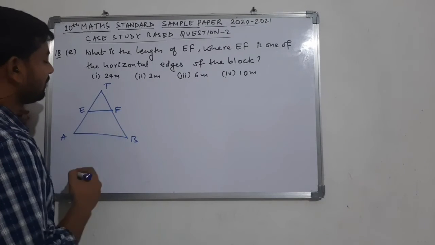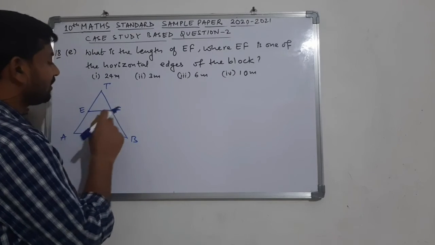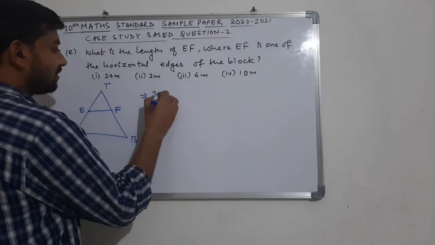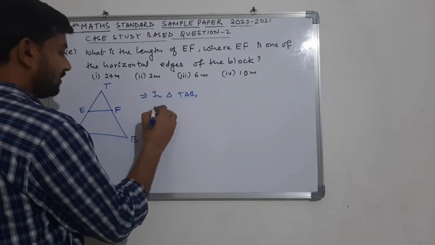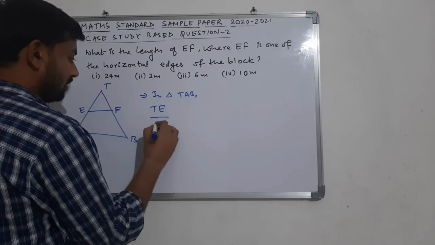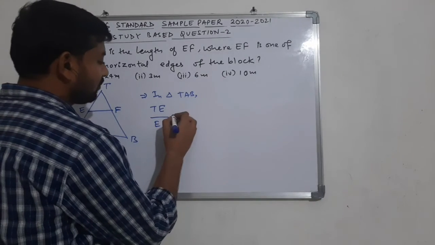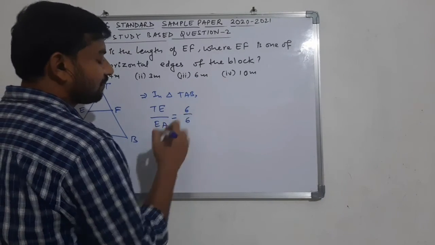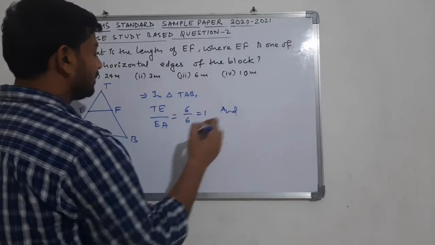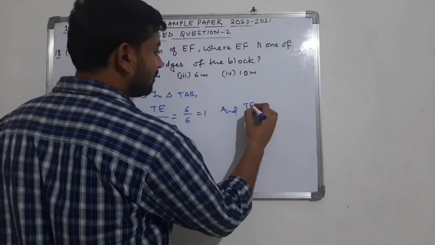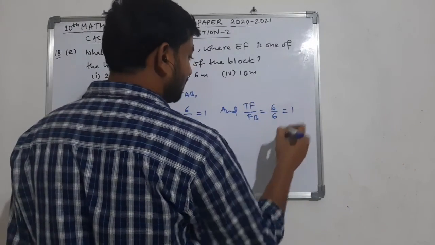So if it is 12 meters, and we talk about the midpoints E and F, clearly in triangle TAB we can write TE upon EA. Since it is a midpoint, this will be nothing but 6 by 6, that is 1, and if we calculate the ratio TF upon FB, this is again a midpoint, so 6 by 6, that is again 1.